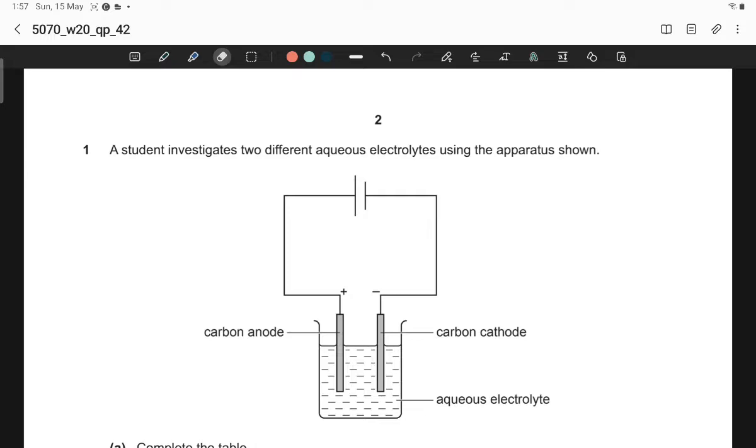Question number 1: a student investigates two different aqueous electrolytes using the apparatus shown.